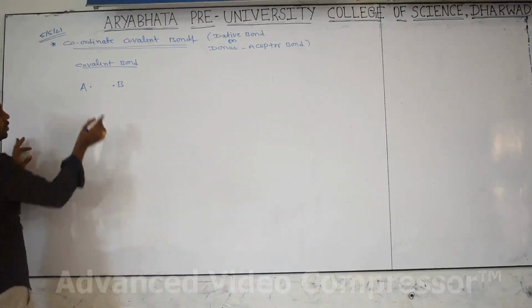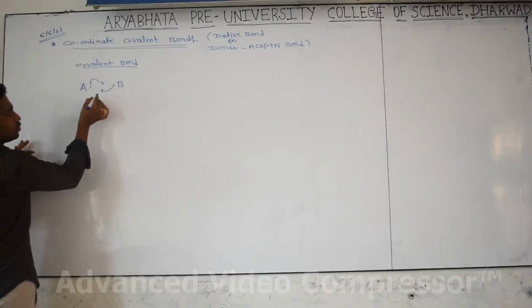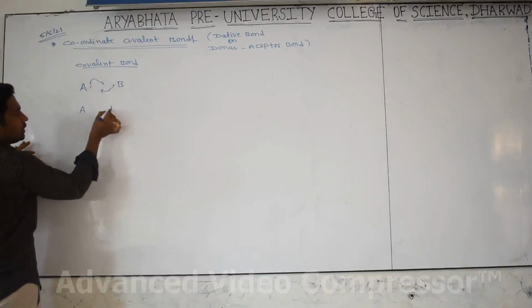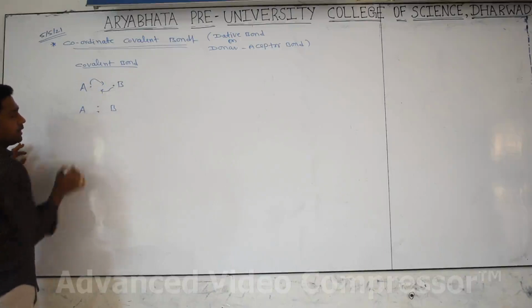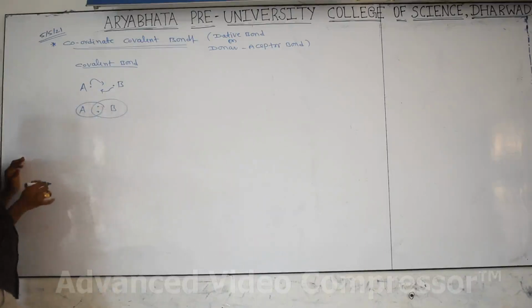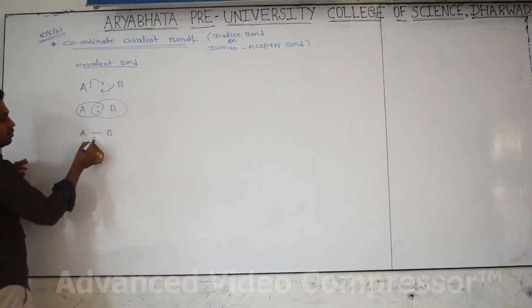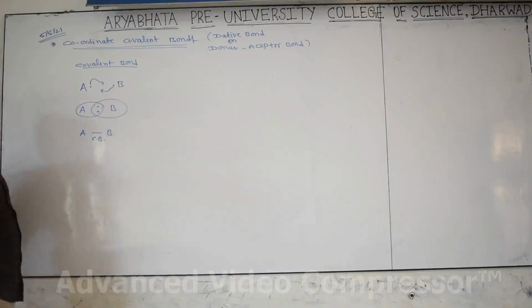By sharing. So this A atom contributes one electron, B atom also contributes one electron. After that, between A and B we have a pair, and the pair is involved in the sharing. After sharing we are getting a single bond, and that we call a covalent bond.